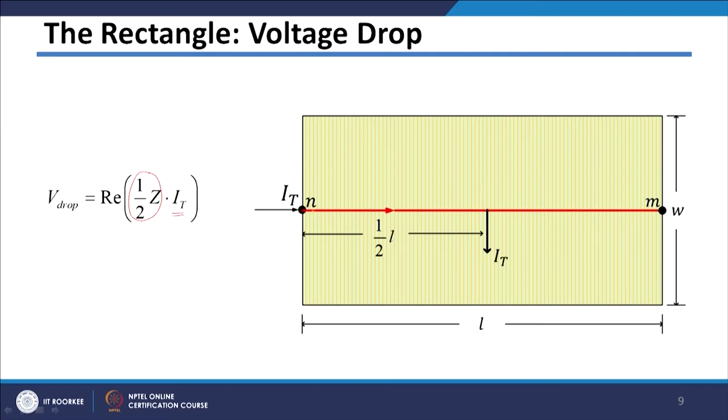So this total area can be approximated by one lumped load placed at the middle, at half the length, carrying the total current. And as we have seen in the case of uniformly distributed loads, it can be lumped at other locations also. So in this case also we can lump these loads at other locations.